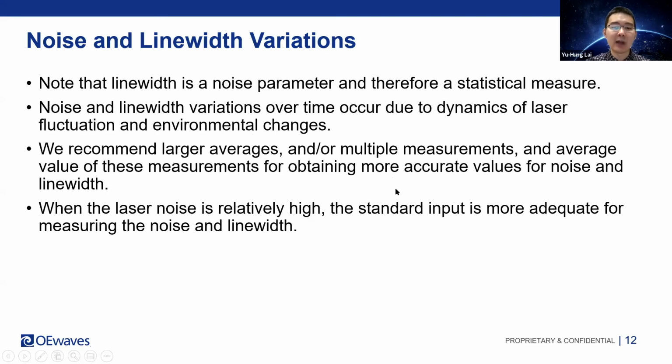On the other hand, if we have, for example, 10,000 laser diodes to do fast characterization, we also have a short average time and quick measurement options. So it depends on the applications of your system. When laser noise is relatively high, the standard input is more adequate for measuring the noise and linewidth due to the dynamic range.